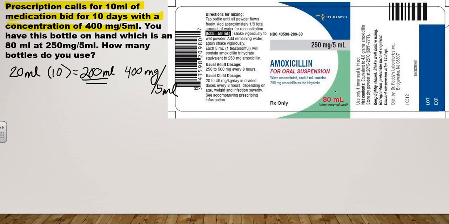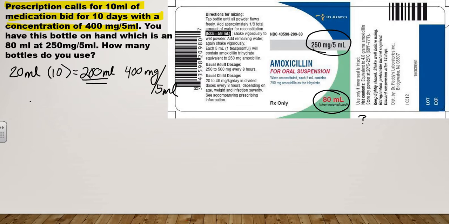You glance here and there's 2 problems, obviously. 1, there's only 80 milliliters here. 2, the concentration has changed. So we have to deal with both of those. The first is you want to figure out how much medication is in this bottle to begin with.